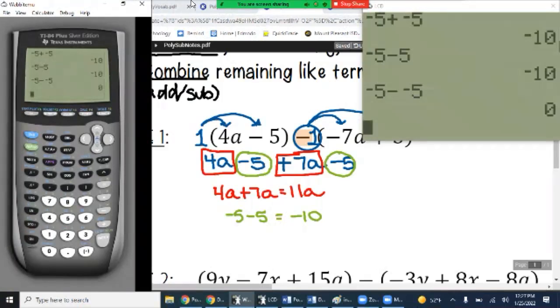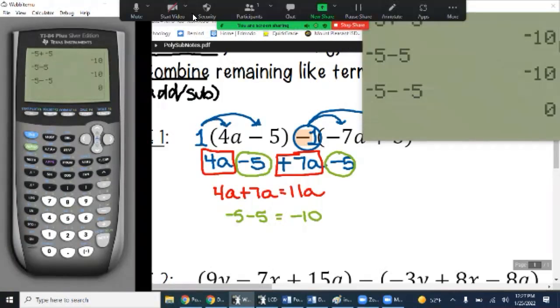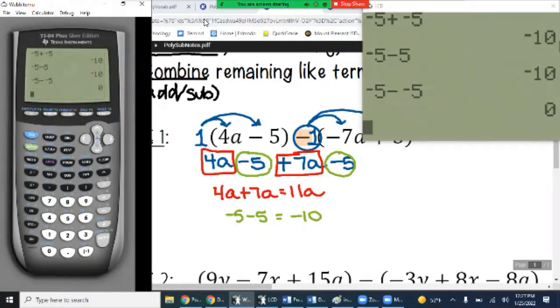Remember, when you type it, you can use both of these as negatives, so you would type -5 plus -5 and get the correct answer. If you know that the negative goes in the front and the minus in the middle, you get the correct answer, but never ever put a minus and a negative side by side. That's the one that will give you the incorrect answer. It can cancel out, but in this problem, it doesn't.